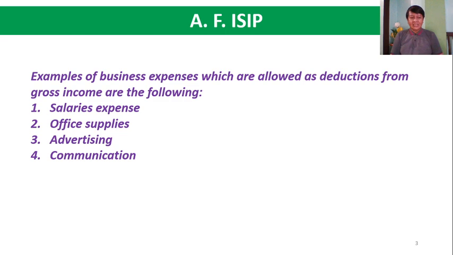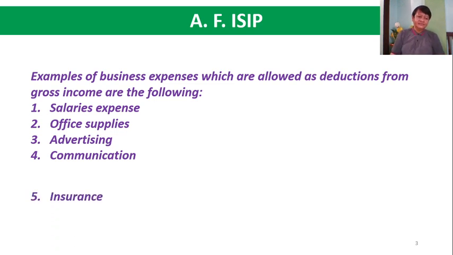So, in accounting, communication expense refers to the amount of money you spend on telephone bills, internet, sending mails, and other communication-related expenses. So, communication expense is an allowable deduction for tax purposes.